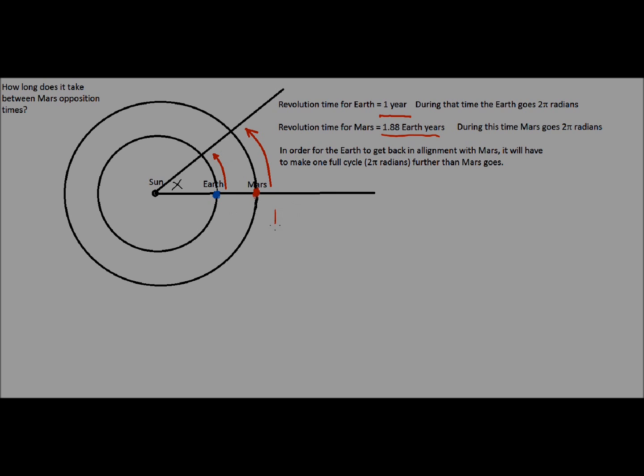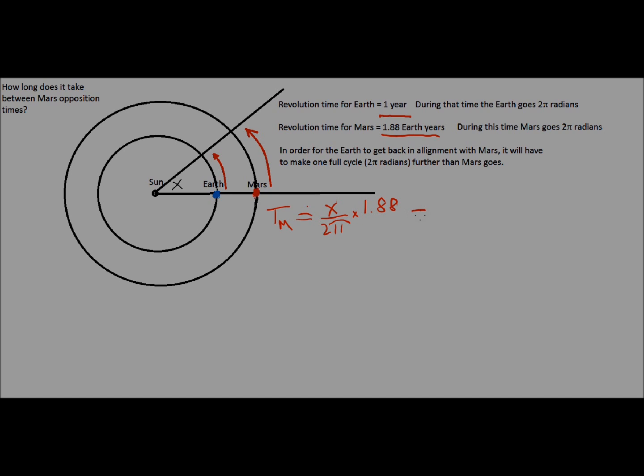So the time for Mars between oppositions will be equal to x divided by 2 pi. So x is the number of radians that it travels all the way around and some, times 1.88 years per cycle.